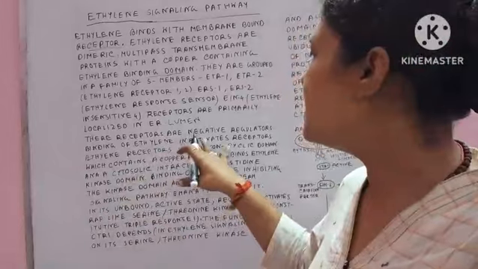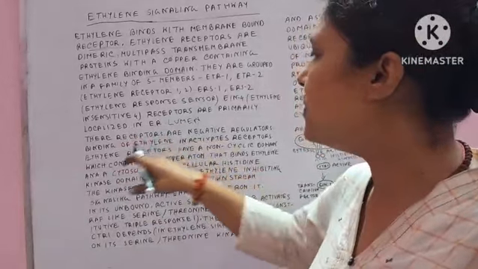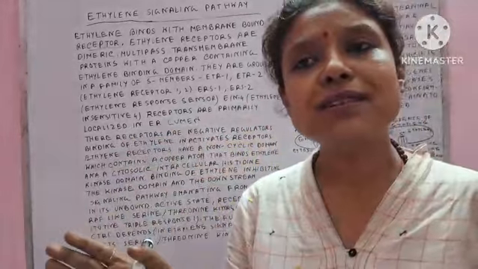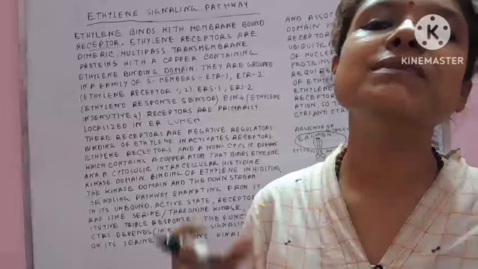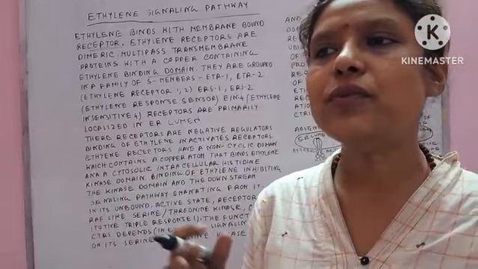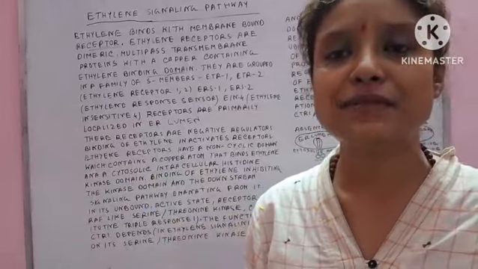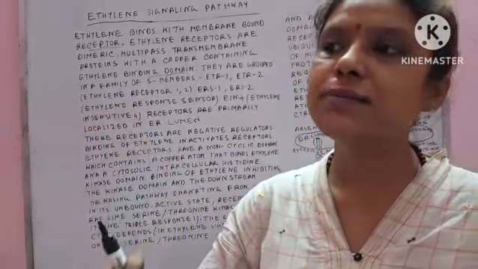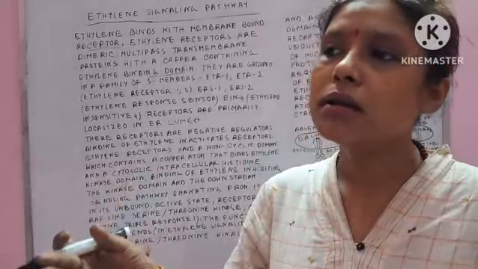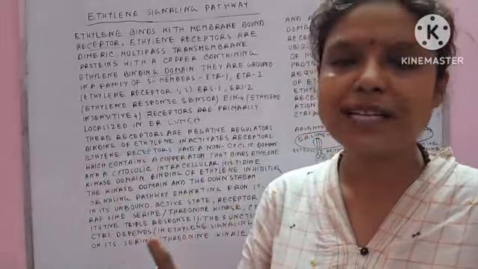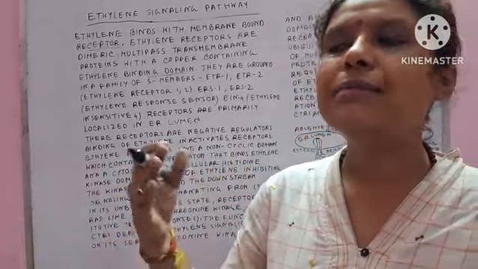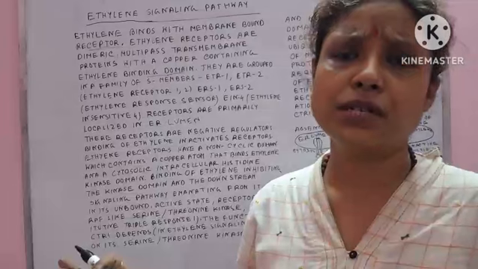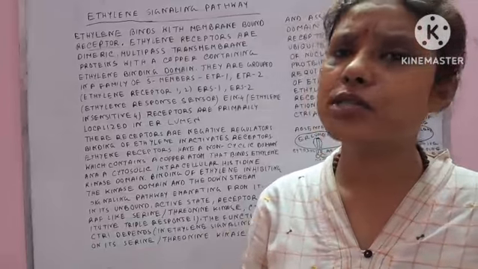So positive means the receptors become activated, and negative means the receptors become inactivated. That means when hormones bind with the receptors, they might be activated or might be inactivated. If inactivated, that means negative regulators. If activated, that means positive regulators.